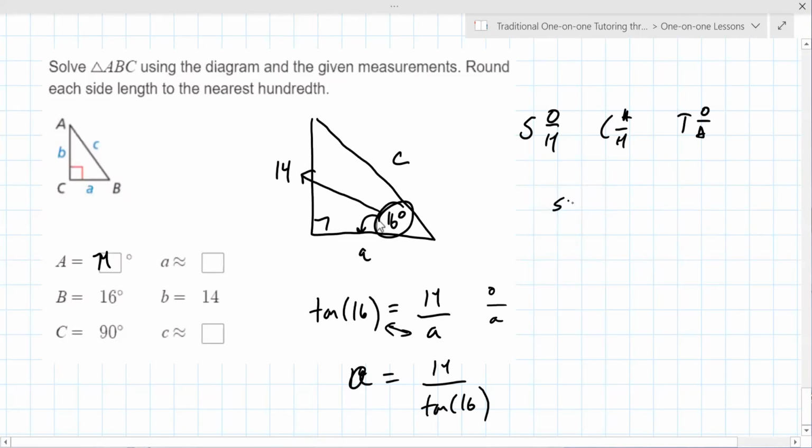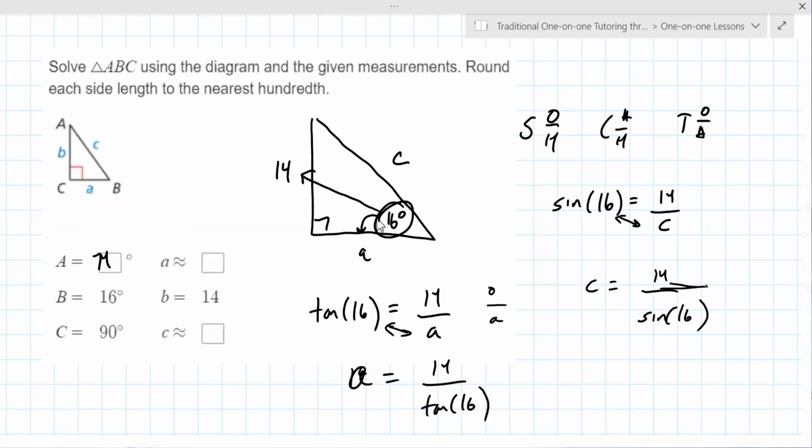The sine of 16 is the opposite, 14 over C. Switch positions, so C equals 14 divided by sine 16. Wait, so then would it be 50.80? Possibly, yeah. Okay.